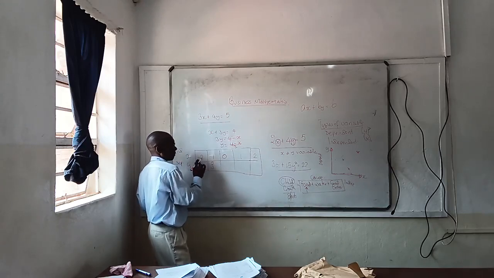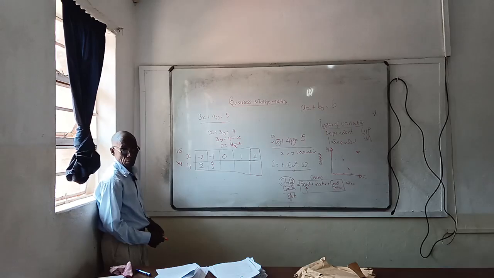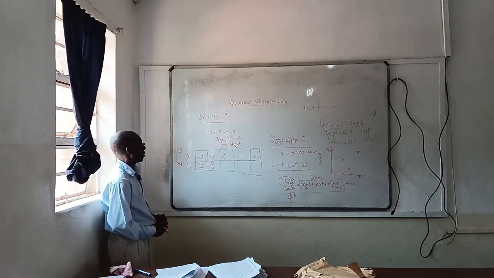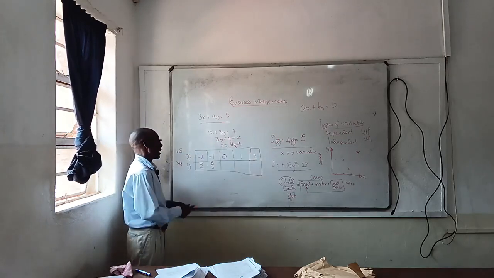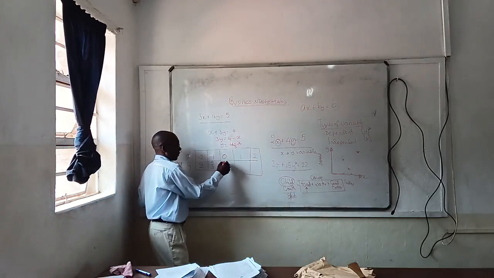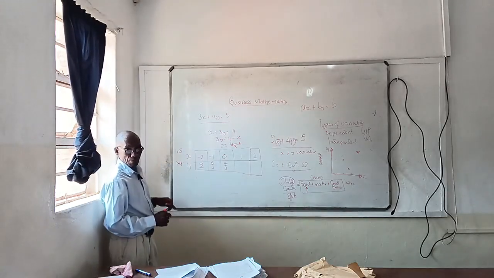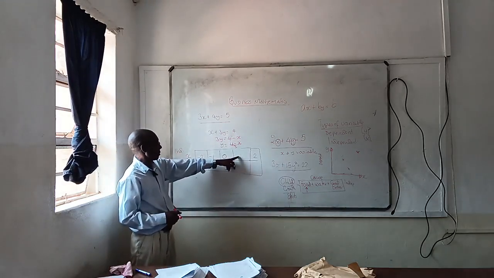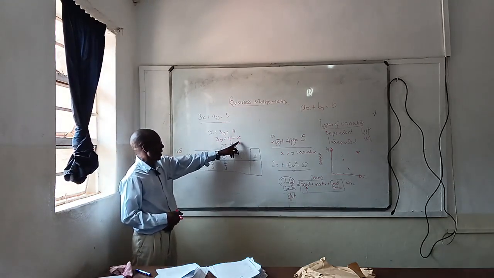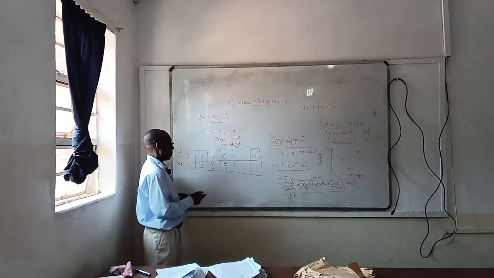Can you put it like that? No problem. Alright, let's go to 0. When x is 0, the whole thing will be 0, right? So here is going to be 4 over 3. I don't mind if you leave it like that. Alright? When x is 1, 4 minus 1, 3. 3 divided by 3, 1.